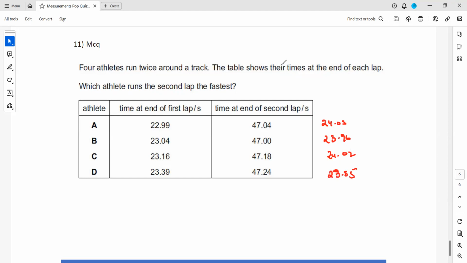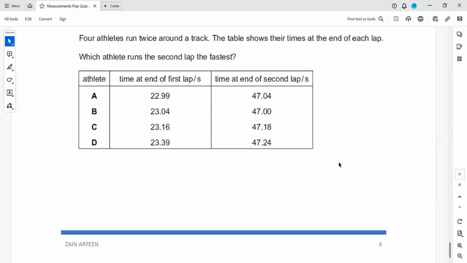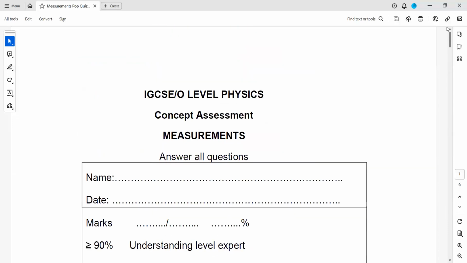So which athlete runs the fastest second lap? As we take the difference between the first and the second lap, D is taking the shortest time. D is the right answer. Is it clear? So this was pop quiz 3 related to measurement.